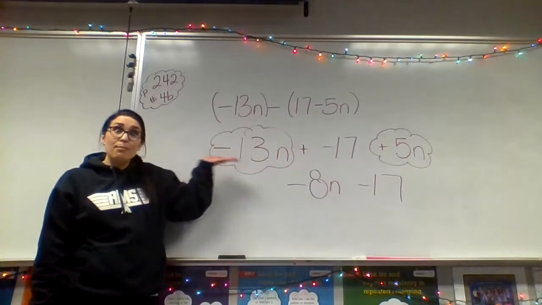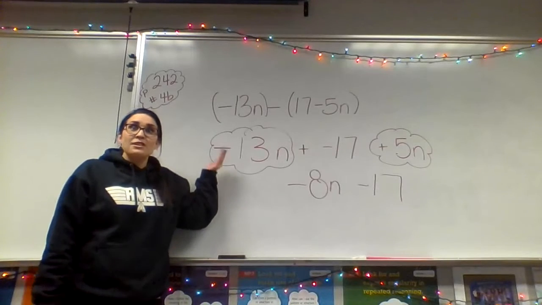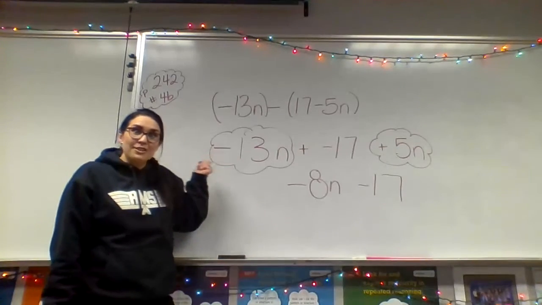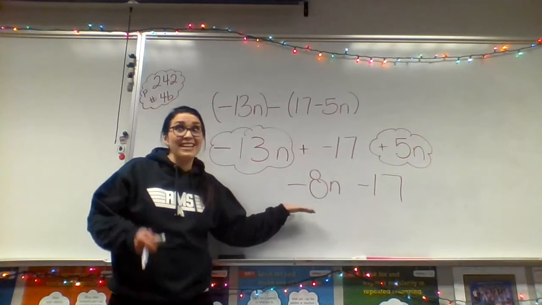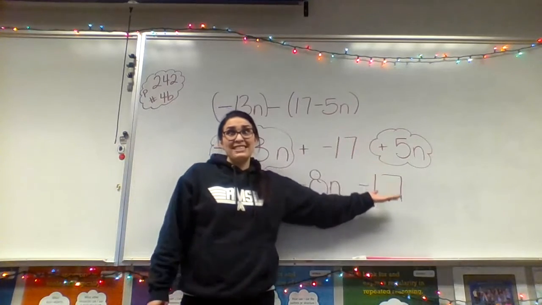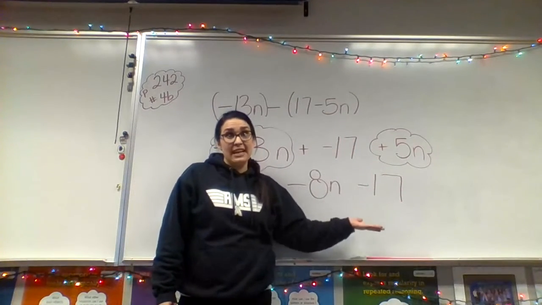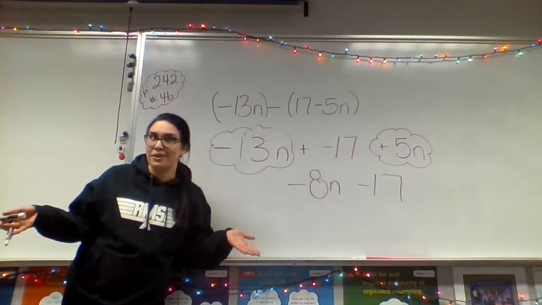Therefore, we're going to keep whatever sign 13 had, which just happens to be negative. So when we take negative 13 and we add a positive 5, our answer is going to leave us with negative 8n. And then this negative 17 is just going to stay negative 17. Again, my friends, 3 different expressions, same value.